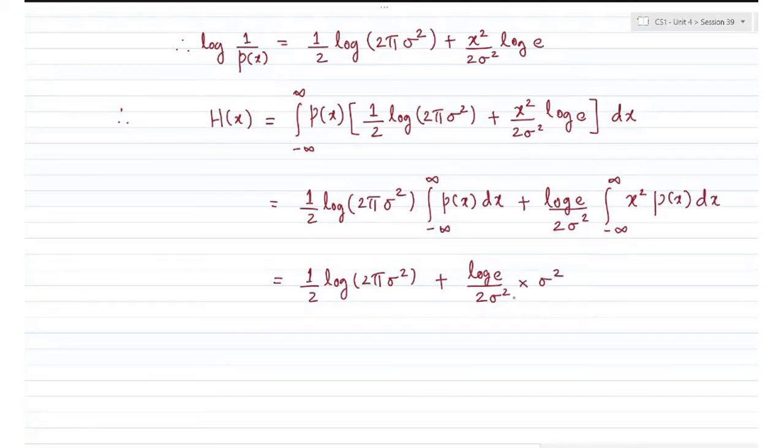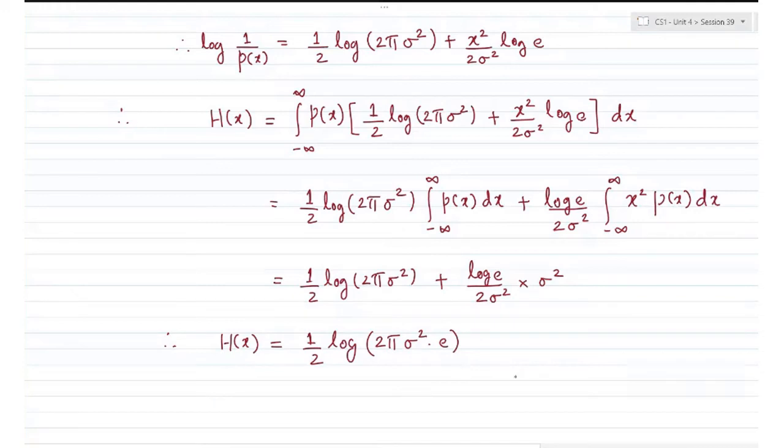With the definition of the basic probability terms, this gets simplified: h of x is half, the sigma square gets cancelled, so half exists in both the logarithmic terms, and hence I can write this as half log of 2 pi sigma square into e.